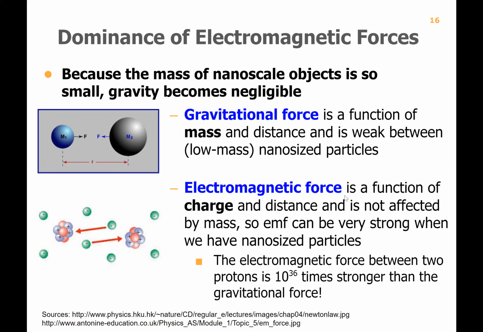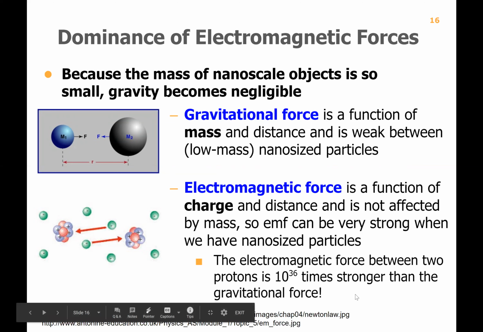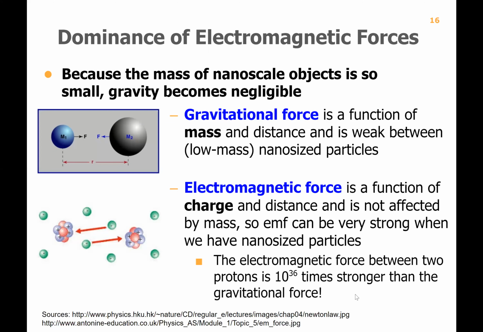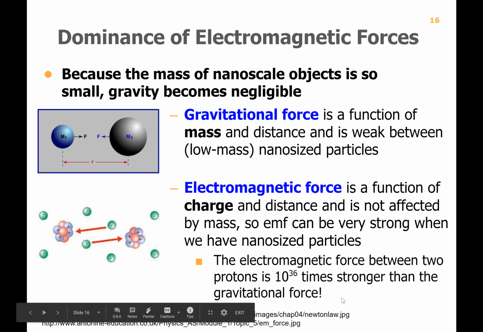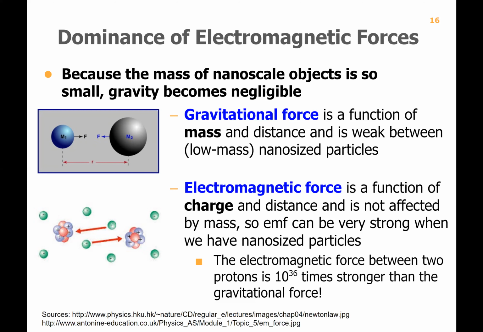Electromagnetic force is a function of charge and distance and is not affected by mass. So electromagnetic forces can be very strong when we have nanosized particles. The electromagnetic force between two protons is 10 to the 36 times stronger than the gravitational force. And these forces become very important when we're talking about nanoparticles, and especially when we try to manipulate nanoparticles.